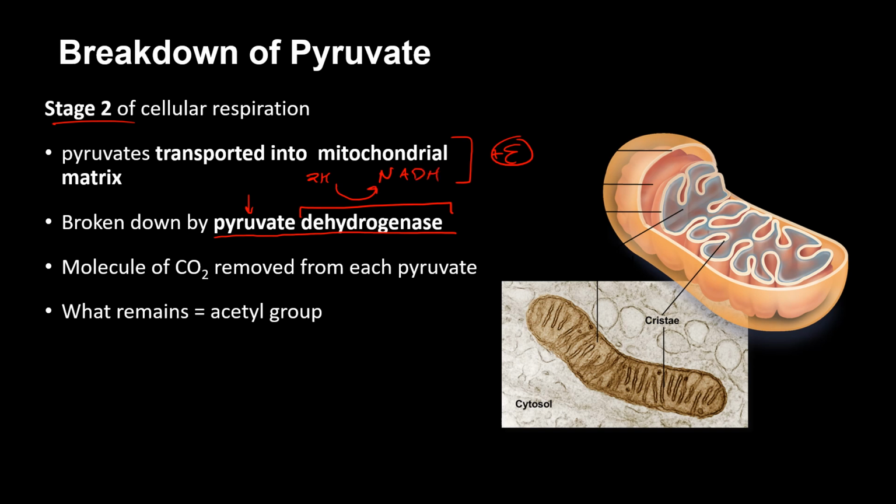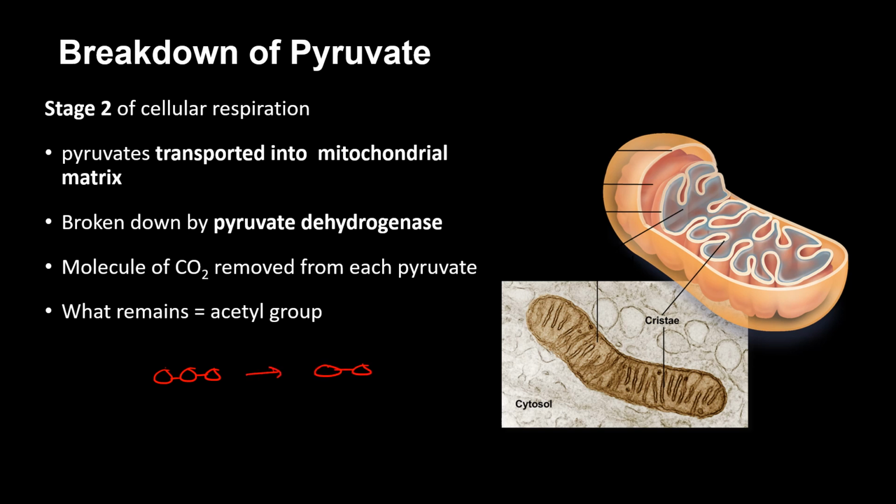In the process of doing that, we're going to knock off a carbon dioxide and we're going to be left with an acetyl group, okay? So a 3-carbon molecule, pyruvate, gets converted to a 2-carbon molecule. One goes away, there's your CO2. And in that bond that we broke, we're going to take that energy and dump it into an NADH molecule. All right?